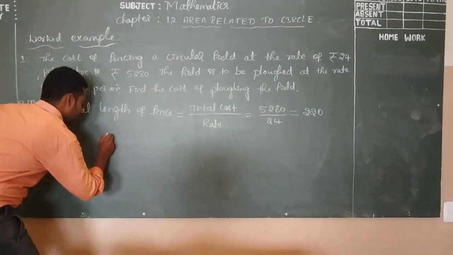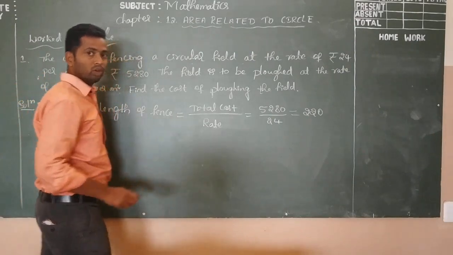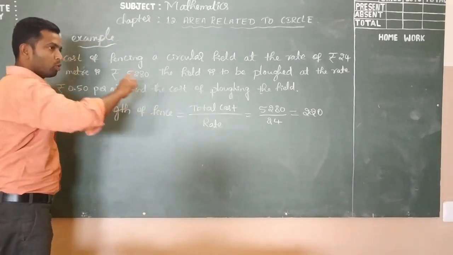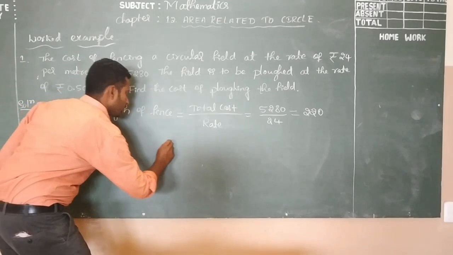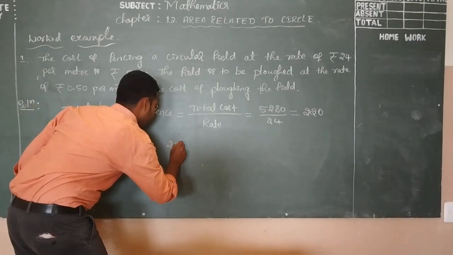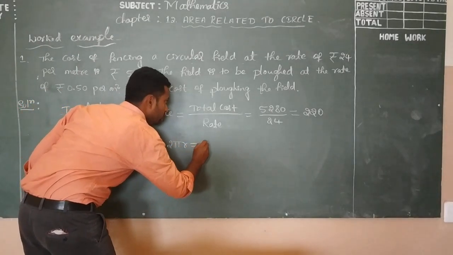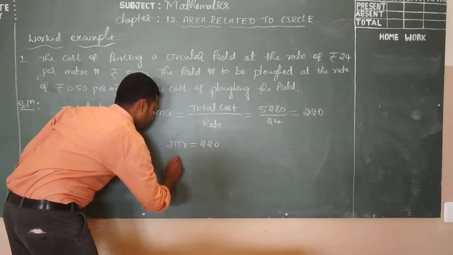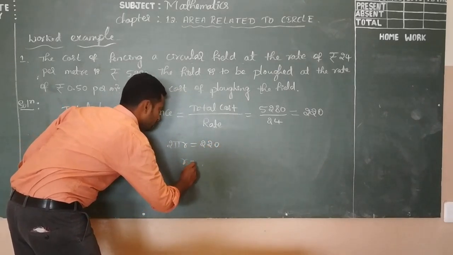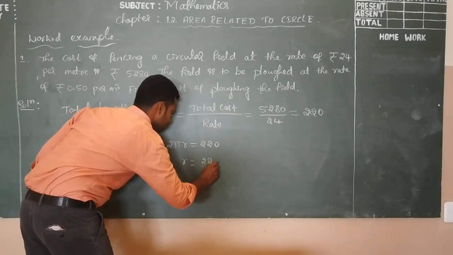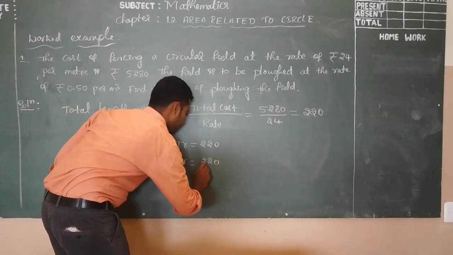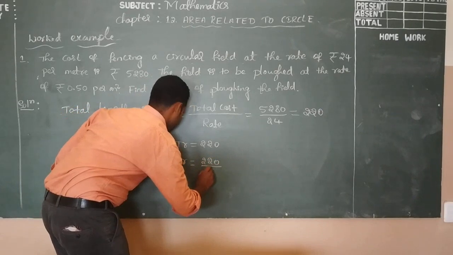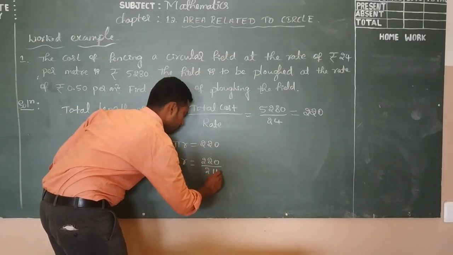The circumference of a circle is C equals 2 pi r. So 2 pi r equals 220. So r equals 220 divided by 2 pi.